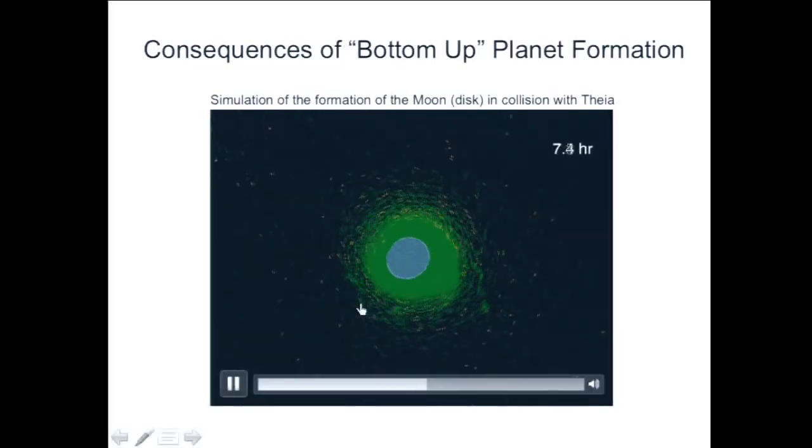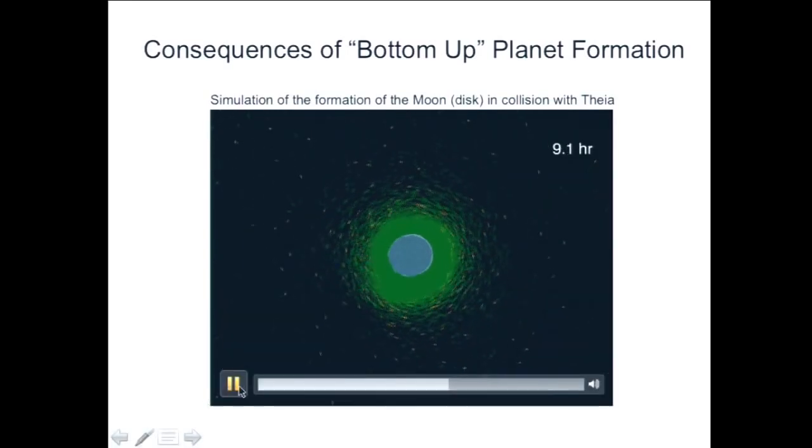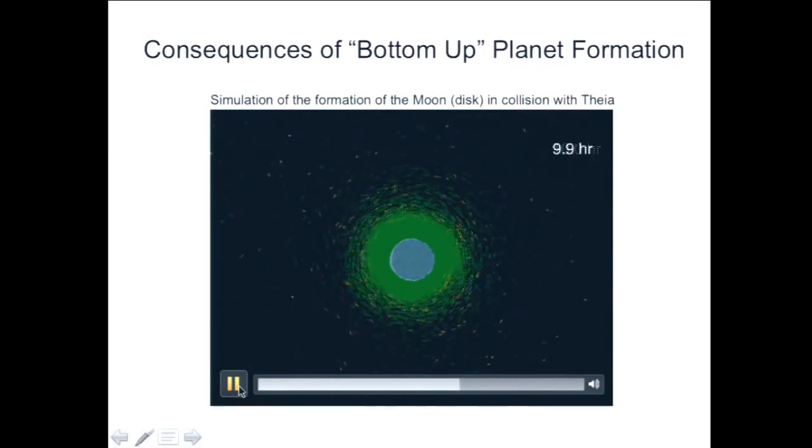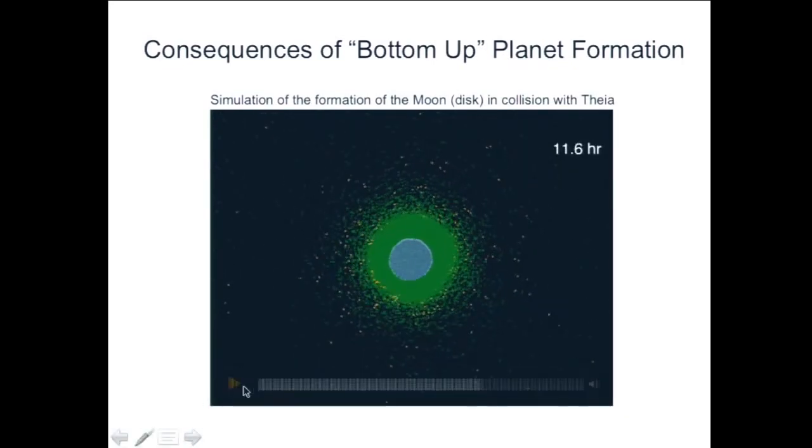And then the idea is that if we now stop this movie here, this collision only took about 10 hours. Okay? If we stop this movie, this is the Earth, and this is the debris created by the collision.